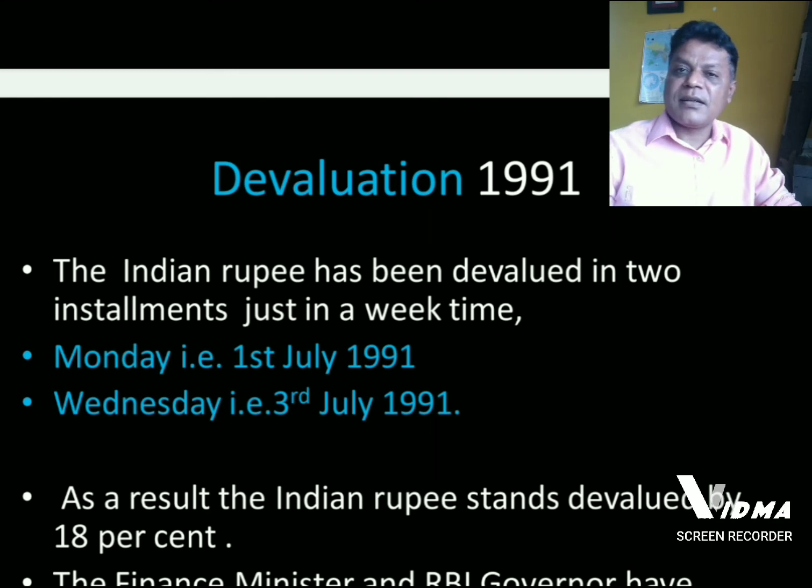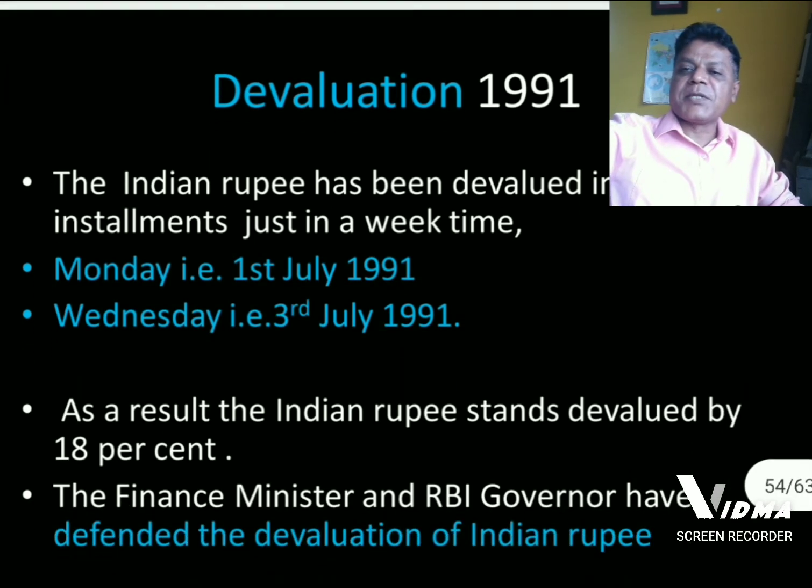It was introduced in 1991. First devaluation was introduced on 1st July 1991, that was on Monday, and in the same week, the second phase of devaluation was introduced on 3rd July 1991, that was on Wednesday. As a result, the Indian rupee stood devalued by 18%.